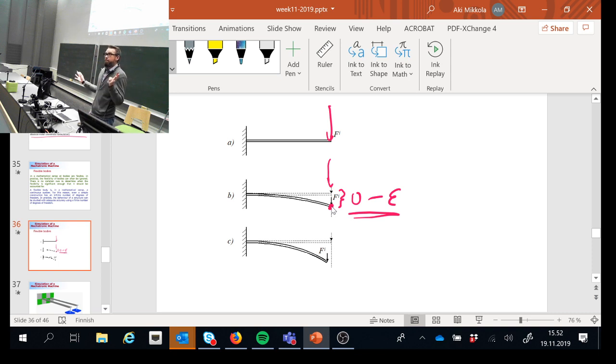That's fine if the deformation is small, like shown in this picture. But as soon as the deformation becomes large, it's no longer realistic, because if I'm having a lot of force, the deformation will look like something like this. You don't find that in real life, because in real life the deformation would be something like this.